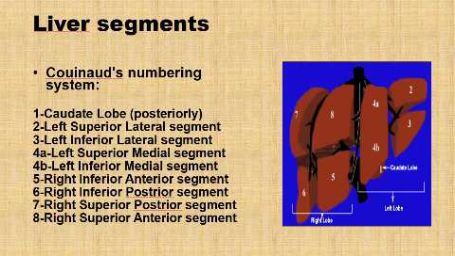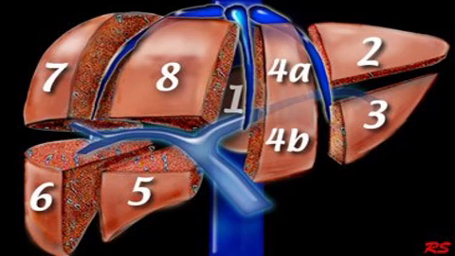You can see it. Also look at this. I think it is clear. First segment, second, third, fourth A and fourth B, 5, 6, 7, and 8.